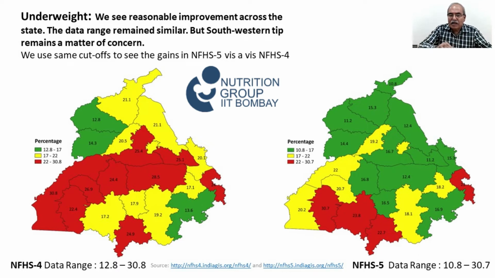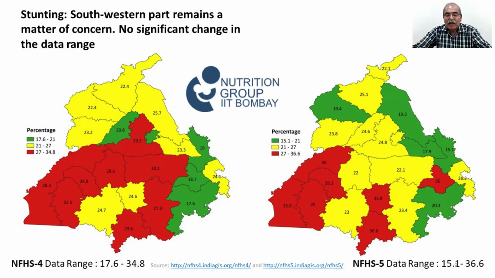We are not comparing Punjab with any other district. And in this, you will also notice that the data range has come down on the lower end from 12.8 to 10.8 for underweight.